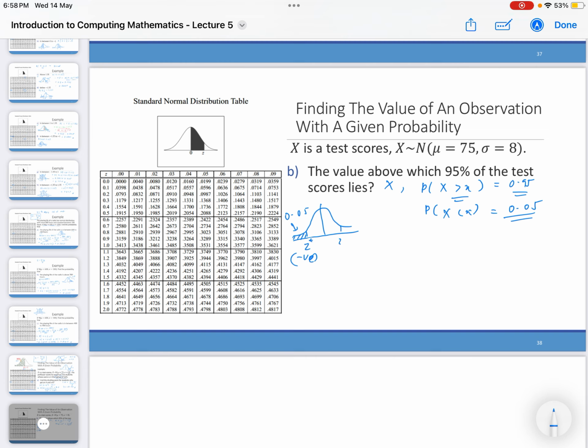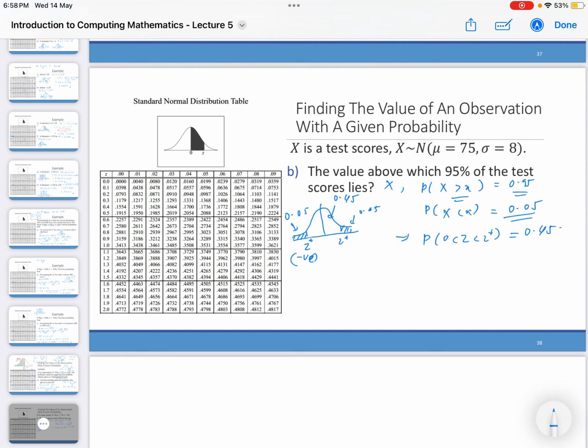So we reflect Z star here, and over here will be 0.05. So that means in between 0 to Z star is 0.45. So we want to find Z such that the probability of Z from 0 to Z star equals 0.45.